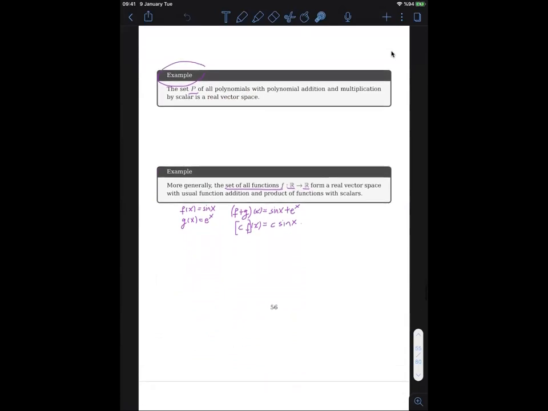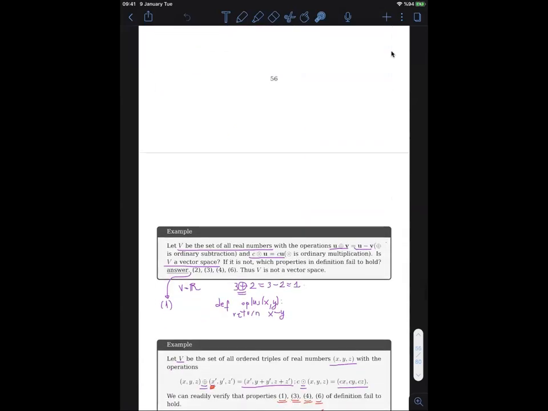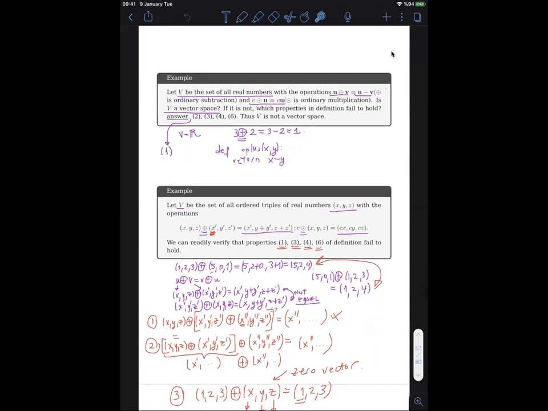And in general, the set of all functions is a vector space. Much of modern mathematics depends on this notion of vector space. In higher mathematics, a lot of the structures you see there are vector spaces. So these are the things we did yesterday.